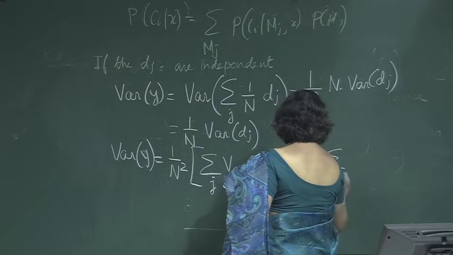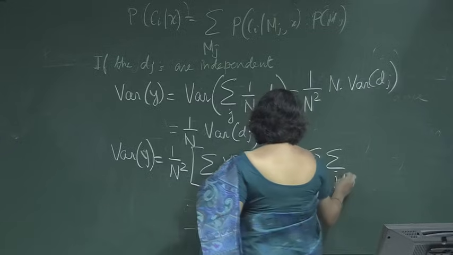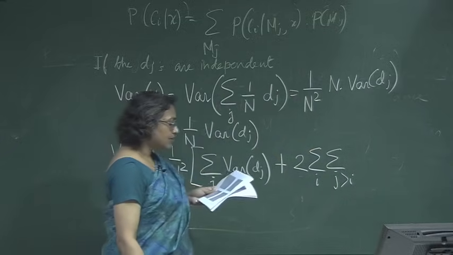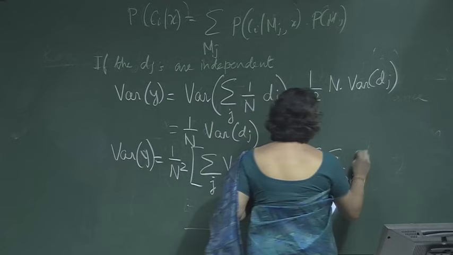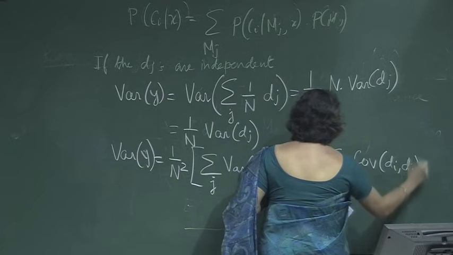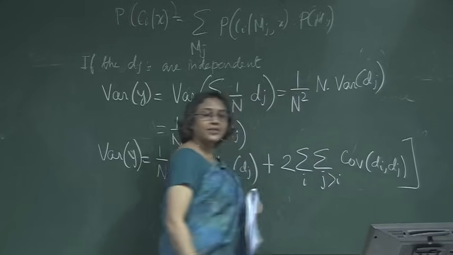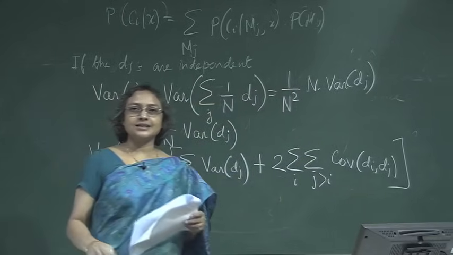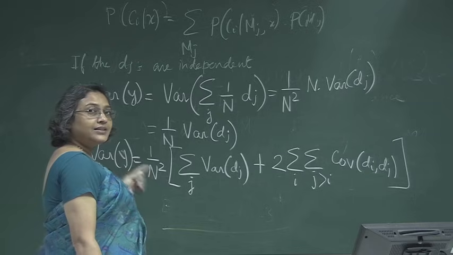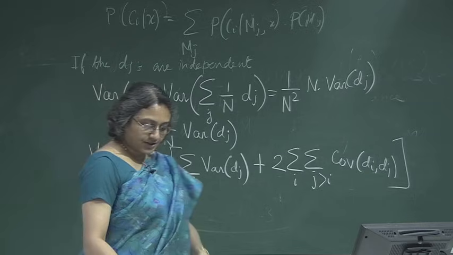We take all the pairs of the learners. So, 2 summation between the pairs of learners, covariance of di and dj. So, if the learners are not completely correlated, we will see that even in this case there is a reduction in variance.